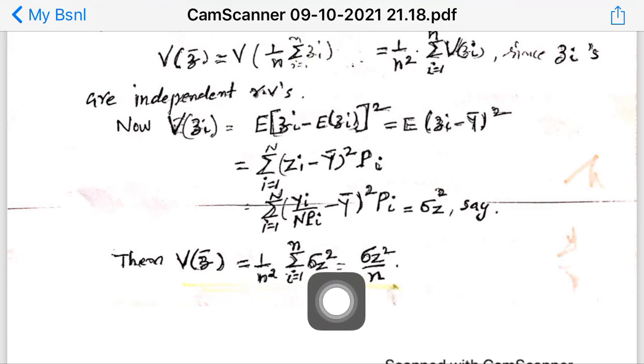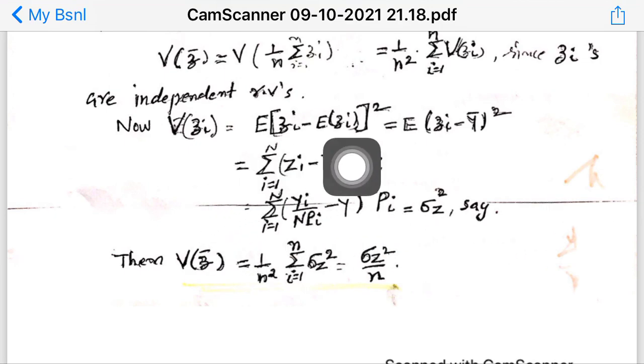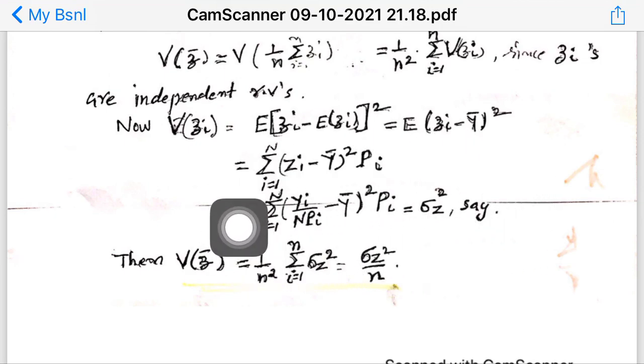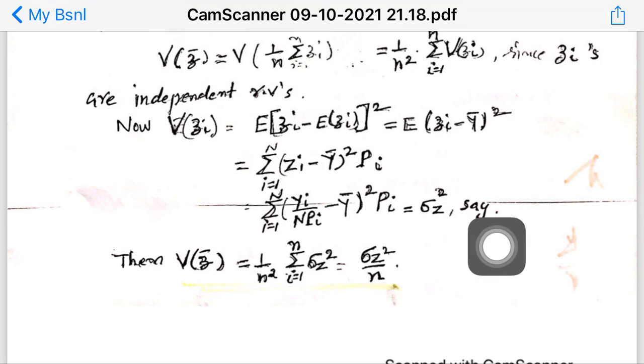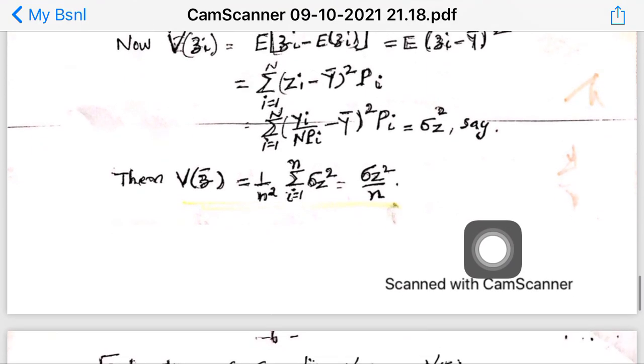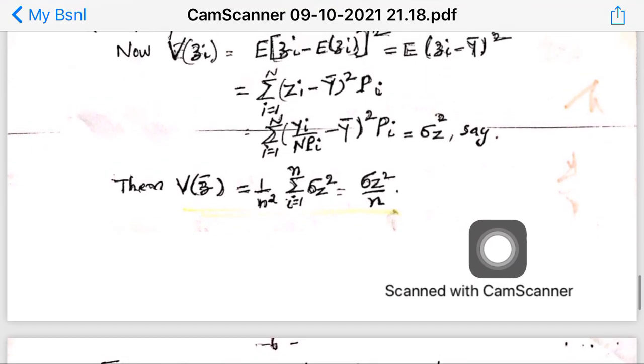And sigma z square is a constant. It does not depend on i. Therefore, this term becomes 1 by n square into n times sigma z square. That is equal to sigma z square divided by n, where sigma z square is equal to this quantity. So we have determined what is the variance of that estimator also.